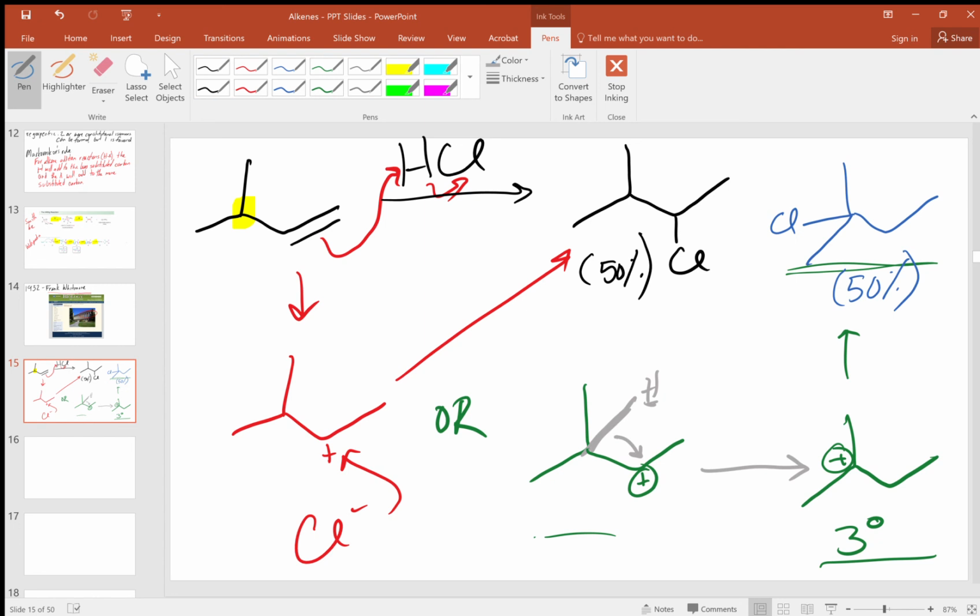It won't go halfway across the molecule to give a more stable carbocation. But in this case, if this hydride is able to shift over one carbon, we go from a secondary carbocation to a more stable tertiary carbocation. And so over the years, there's been a lot of experimentation done, and this carbocation mechanism is the best explanation for all of the data that's been collected about this experiment.